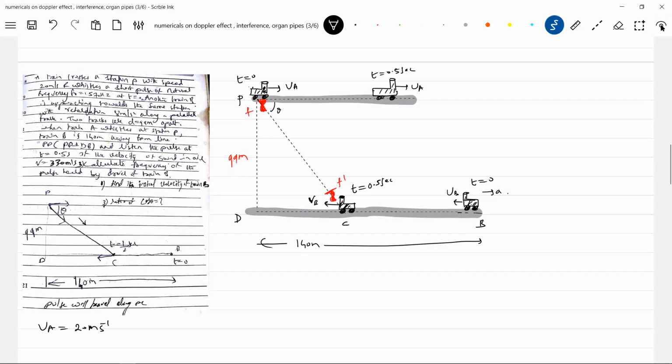What is the Doppler effect formula? First, we'll write the Doppler effect formula, we'll come to know what to do. F dash is equal to V, the speed of the sound wave.